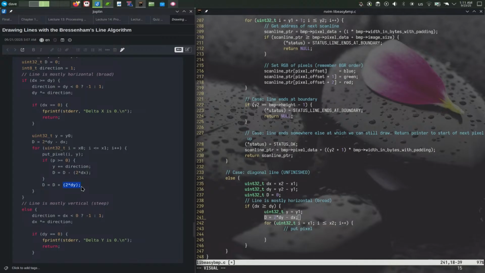The non-common factor was that if y did change, in other words, if the decision variable crossed some threshold, then it should do this.